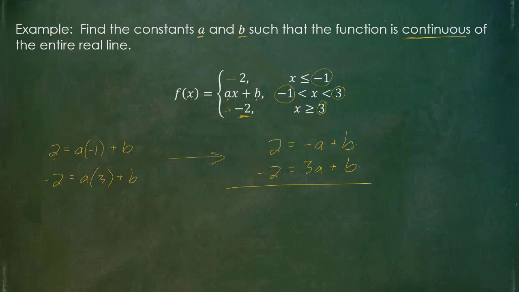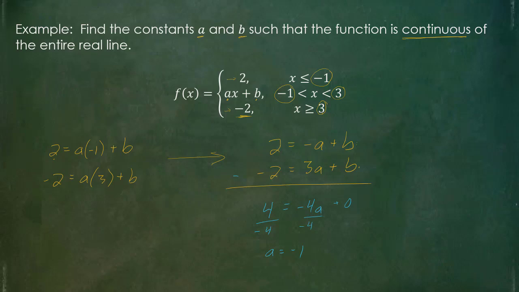The b values already match, so if I subtract the bottom expression from the top expression, I'd end up with 2 take away -2, which turns into 4. I'd have -a take away 3a, which would be -4a, and b minus b would turn into 0. That now allows me to solve for a by dividing by -4, which gives a value of -1.